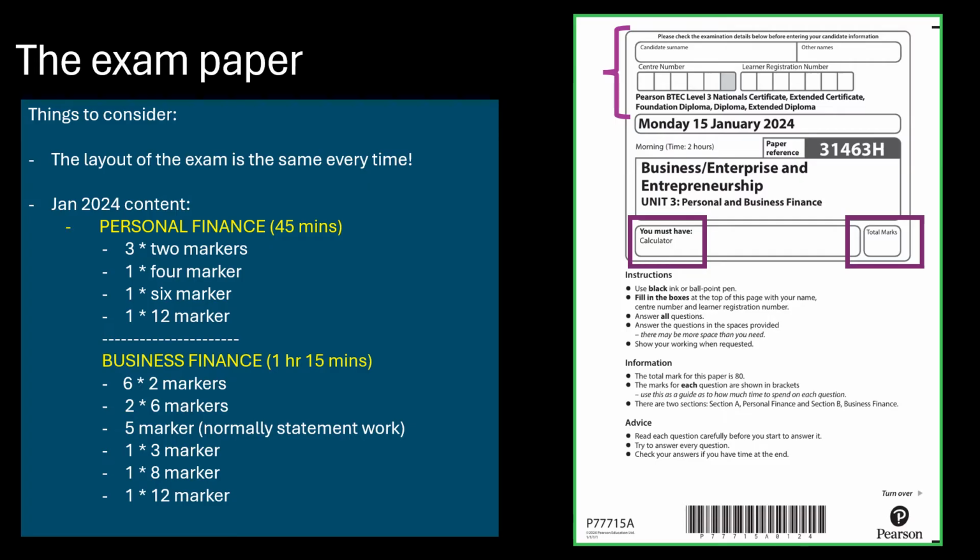In that section you'll have 3 2-mark questions, 1 4-marker, 1 6-marker and 1 12-marker, hence why it's just 45 minutes. Then the rest of the time, the 1 hour 15 minutes, consists of the following: 6 2-markers, 2 6-markers, a 5-marker, that's normally statement work, and I'll talk more about that in this video, like an income statement or a statement of financial position that needs to be filled in, a 3-marker, an 8-marker and a 12-marker.